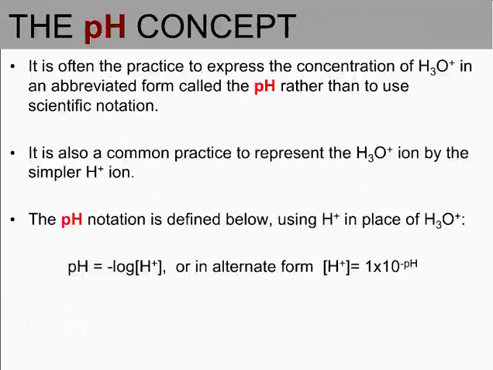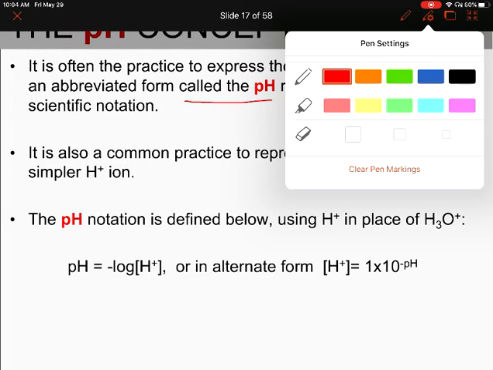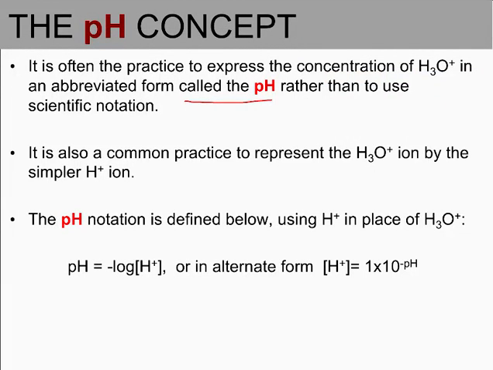All right, so we could just judge a solution's acidity or basicity on the concentration of ions, or we can use an abbreviated form called the pH. So pH is a little bit easier to use. So down below, I'll draw the scale for pH. So pH has a scale of 0 to 14.